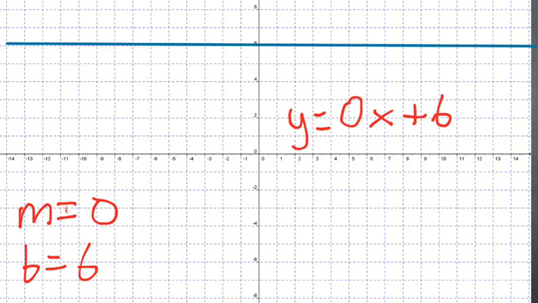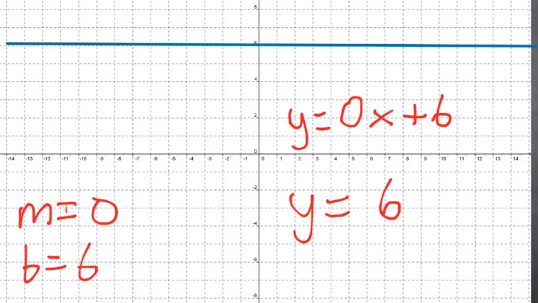But the thing is, how will math display this in their multiple choice options? They'd most likely give you just this, y equals 6. Do you know why? If you see y equals 6, you already know your y-intercept is 6. Because that's all you see, is b.